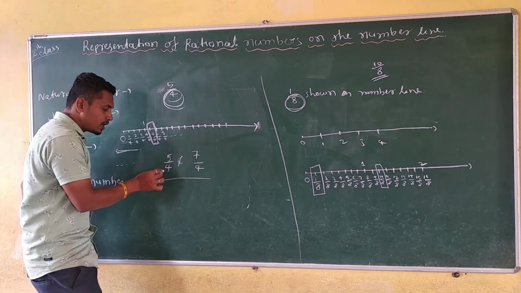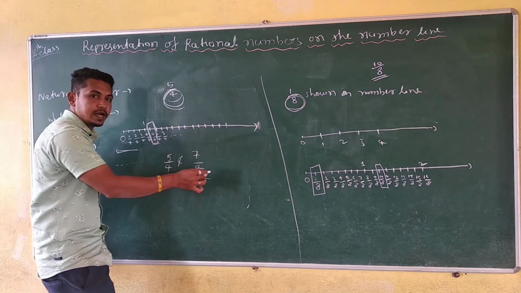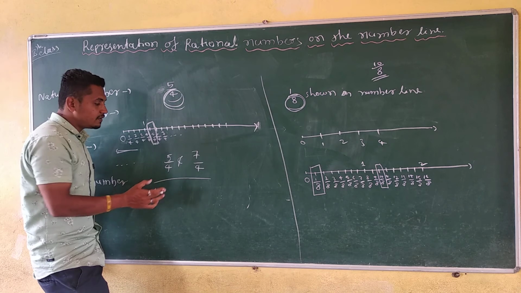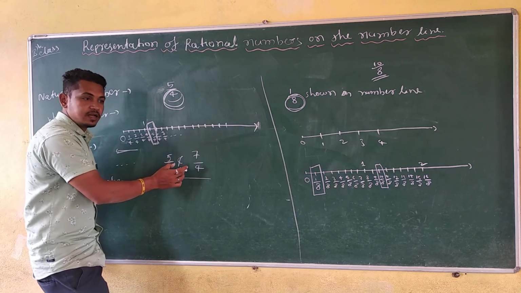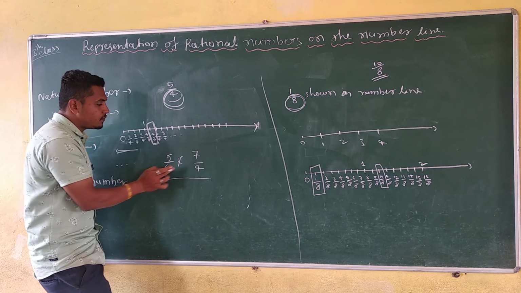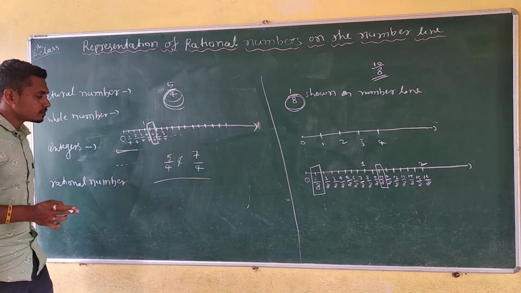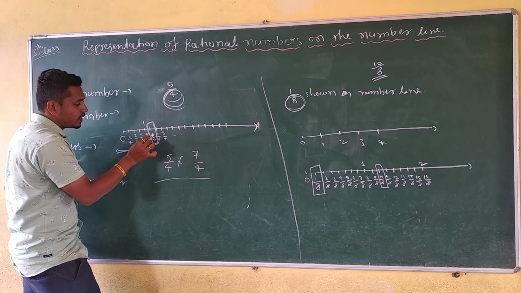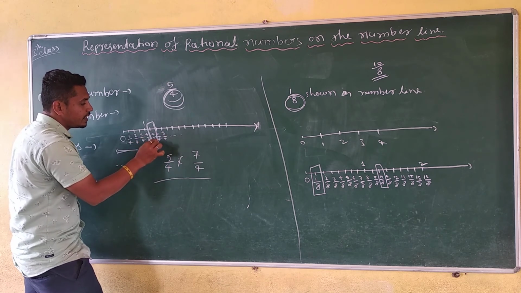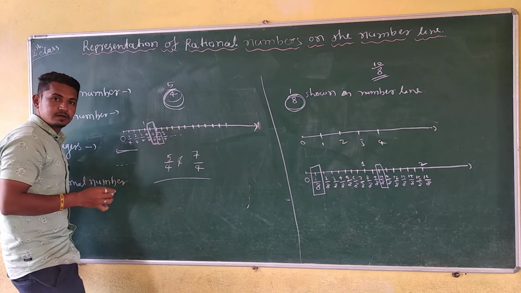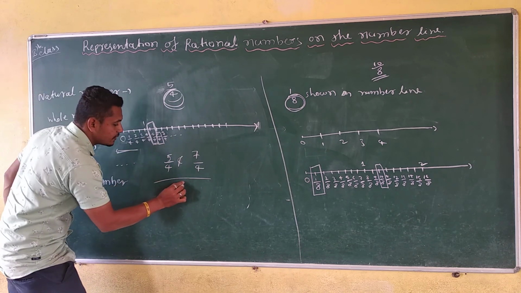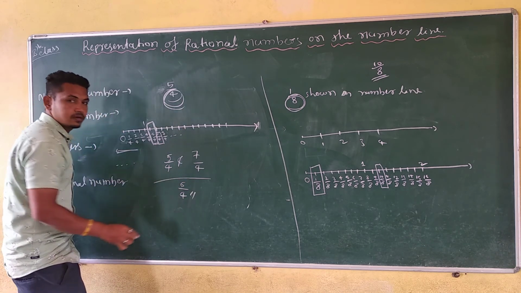This is the rational number 5 divided by 4, this is 7 divided by 4, and we have to find the remaining rational numbers in between. There is one rational number there. Which rational number is it? 6 divided by 4.